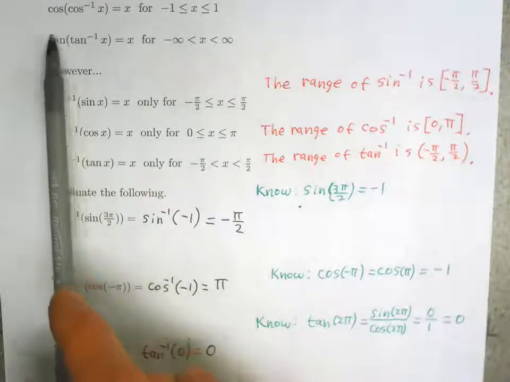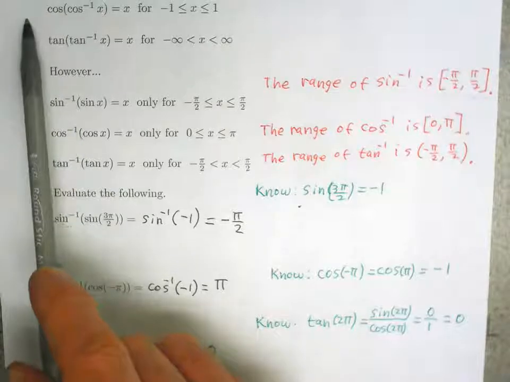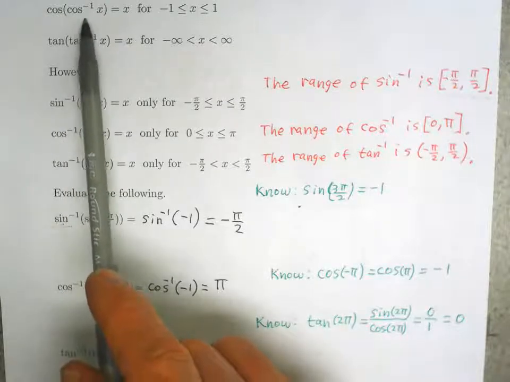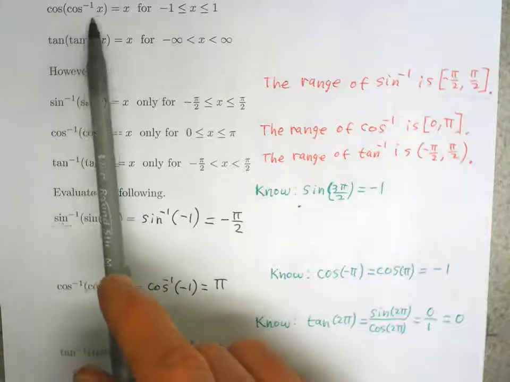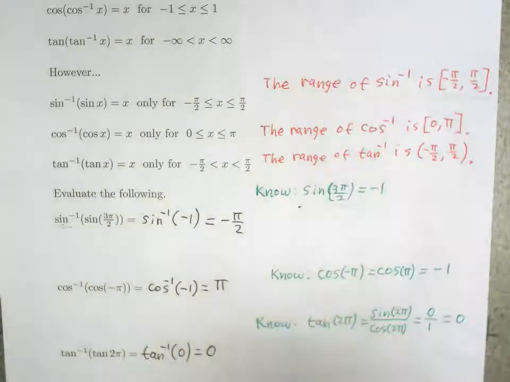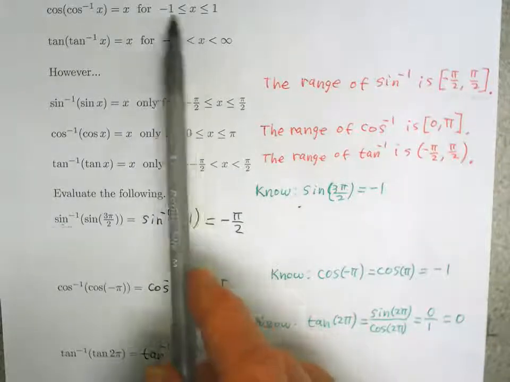Similarly with cosine and tangent, if cosine is the outside function and inverse cosine is the inside function, then cosine of inverse cosine of x will equal x, provided that x is in the intervals.